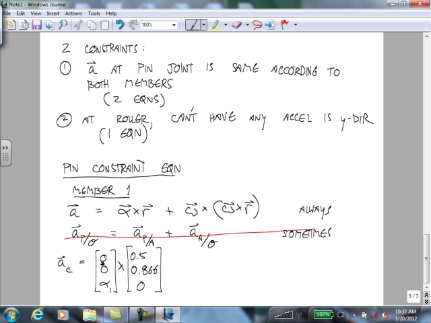Is that right? So there are no angular velocities, so this all goes away.